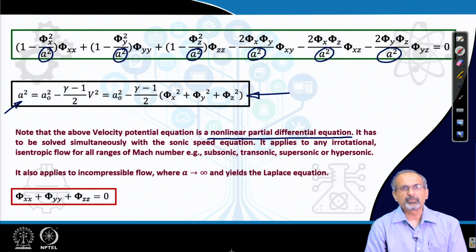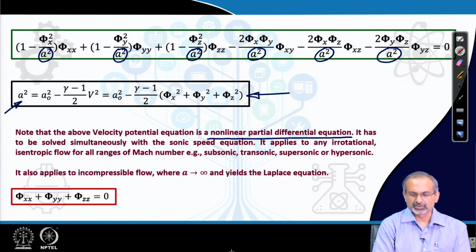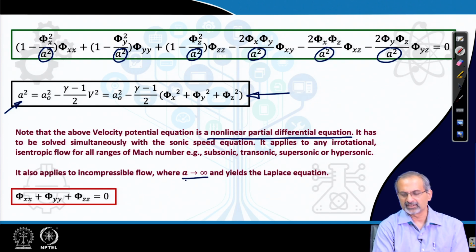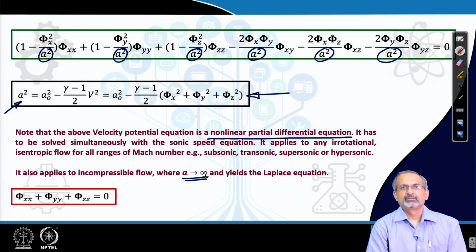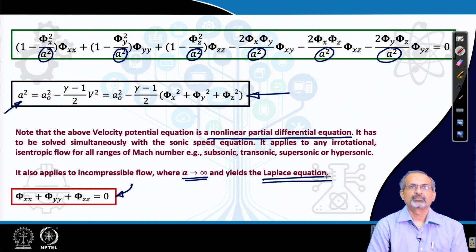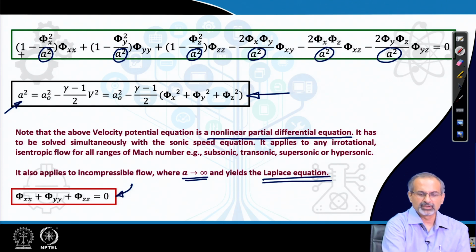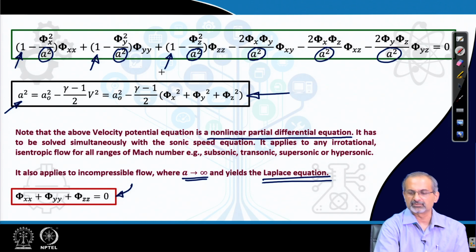Well, if you were to apply it to an incompressible flow situation where A tends to infinity, then what you get back is the familiar Laplace equation, which we have discussed in earlier lectures. When you substitute A tending to infinity, most of these terms will cancel out. What will be left is only the terms involving the ones over here.